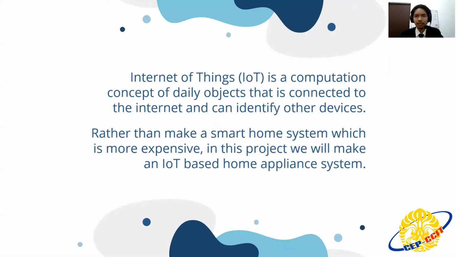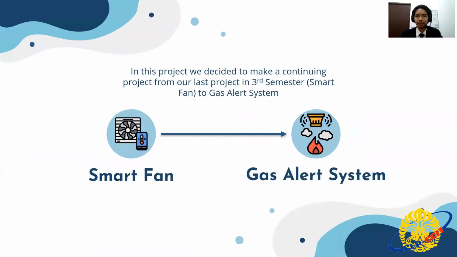So, Internet of Things or IoT is a computation concept of daily objects that are connected to the internet and can identify other devices. Rather than make a smart home system, which is more expensive, in this project we will make an IoT-based home appliance system. So, we decided to make a continuing project from our last project in third semester, which is Smart Fan, to Gas Alert System.